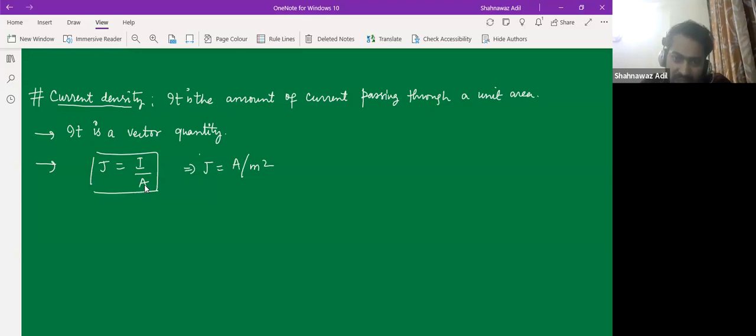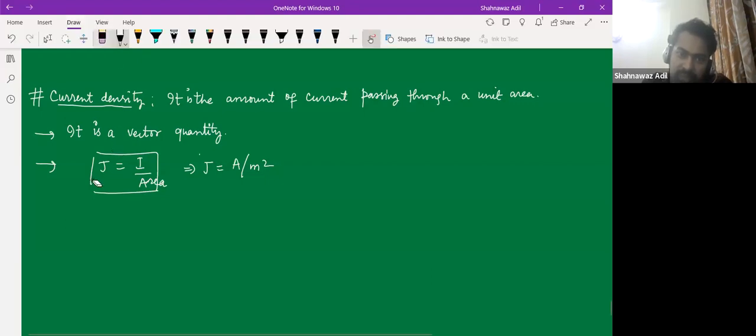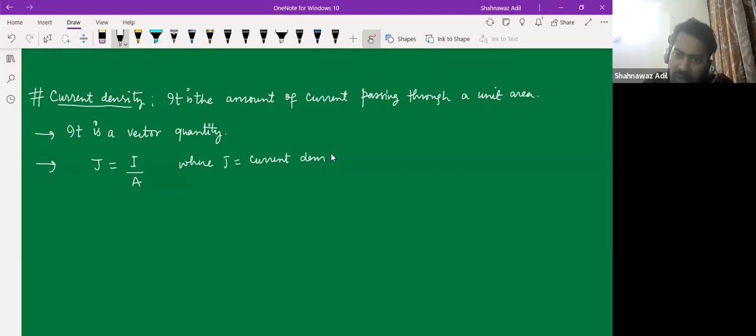So this is area, this is current. Let me write it down. So J is I by A, where J is the current density, I is the current, and A is the area, right?